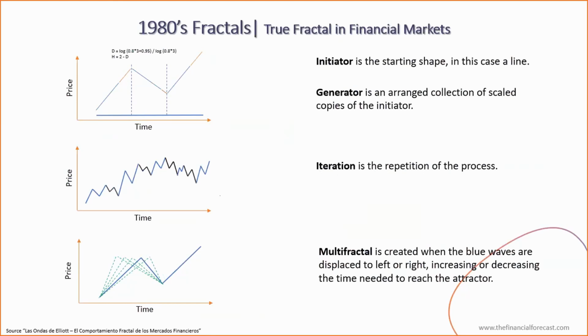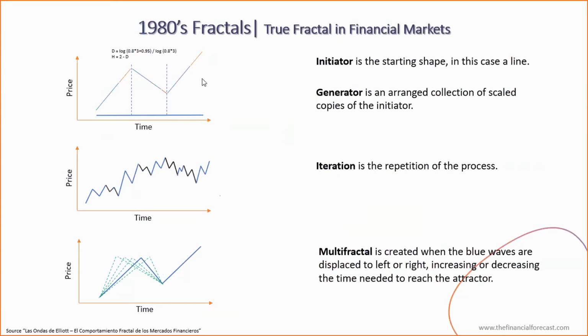But everything starts with a very simple one, that is the initiator. And the initiator in this case is a straight line, no more than that. We are talking about the pattern that we can find in financial markets. From this initiator, we can create the generator, that in this case is the zigzag. It's just a simple zigzag.